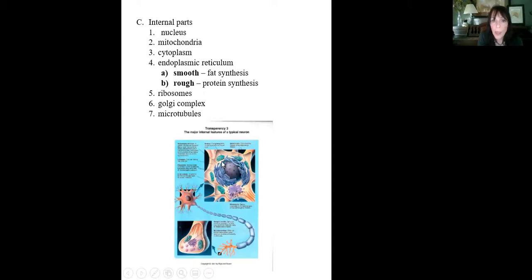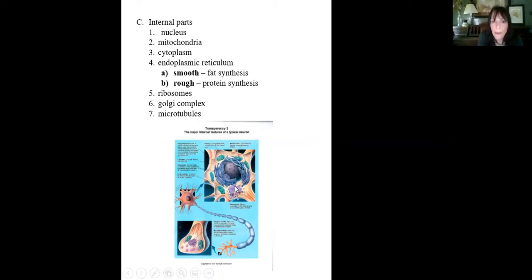We have the mitochondria. We have the endoplasmic reticulum, the smooth ones, again, for fat synthesis, and the rough ones where there are little bumps on them. That's the rough and important for protein synthesis, and those little bumps are ribosomes.